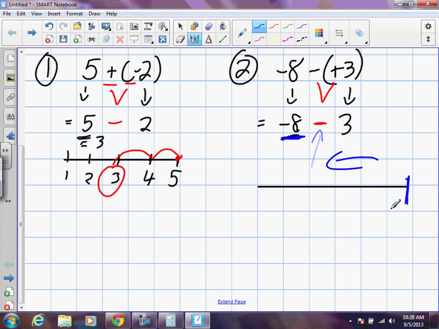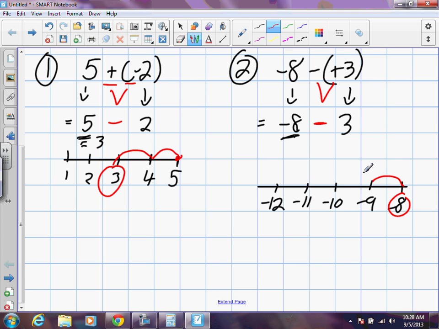To the left of negative 8 on the number line, anyone know what the next number would be? Negative 9. That's right. Though we've done this before, it's not as easy as we remember. So, negative 8, we're moving to the left 3 units. We go over 1, 2, 3. Our answer in this question is negative 11.